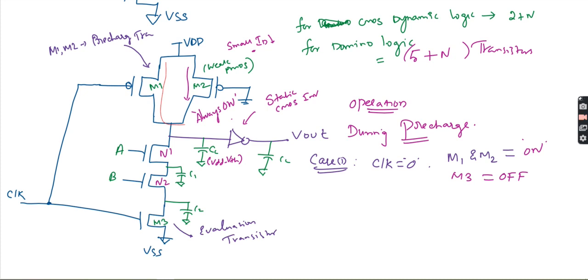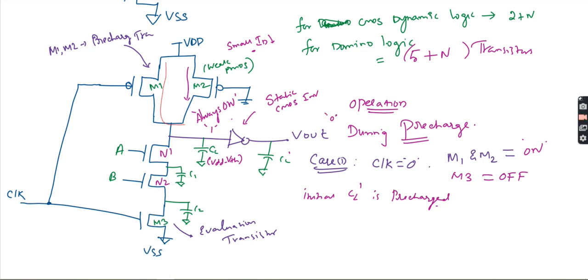When there is a static CMOS inverter over there, then automatically, since this is charged to 1, it will get discharged, because initially CL dash is pre-charged. Then I will get 0. You can see here the output is 1, and here the output will be 0.